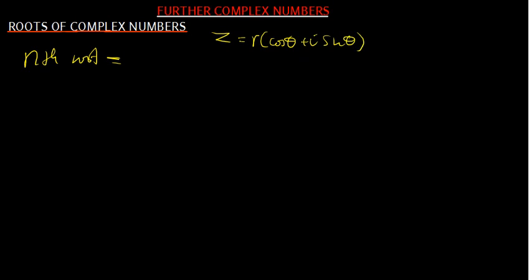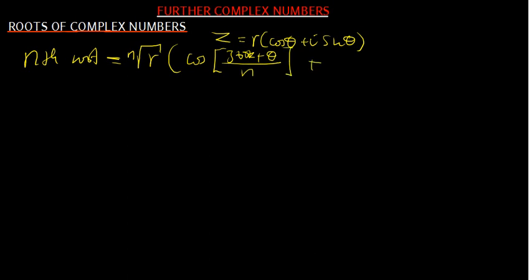So all you do is get the nth root of r first, so that will be the nth root of r, and then cos. To the angle theta, we're going to add 360k, so 360k plus theta, and then divide it by n.